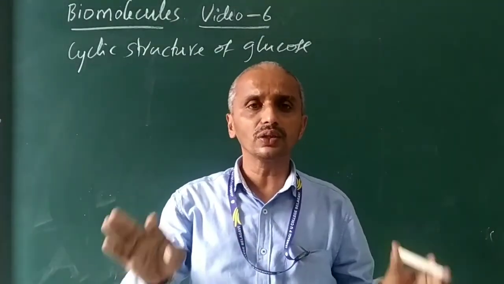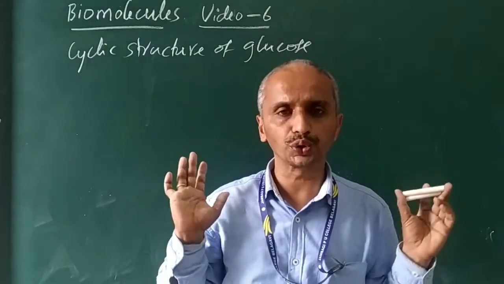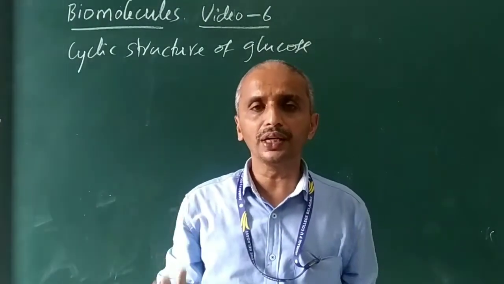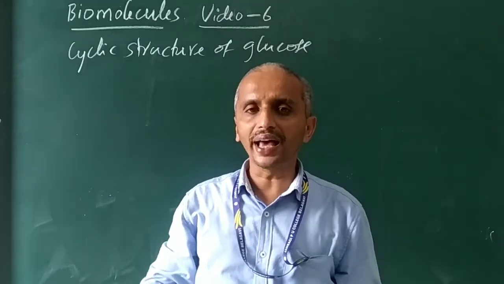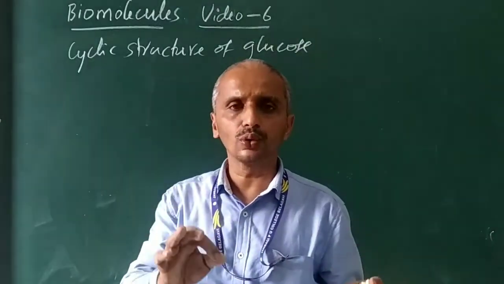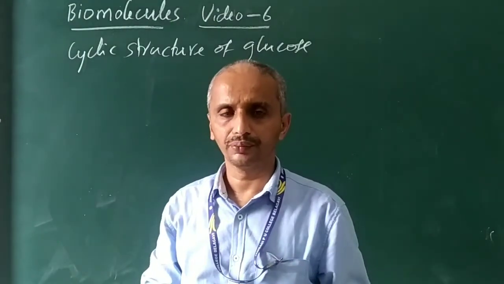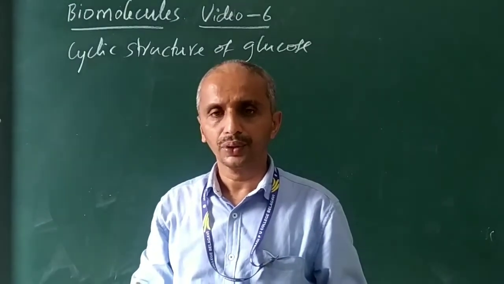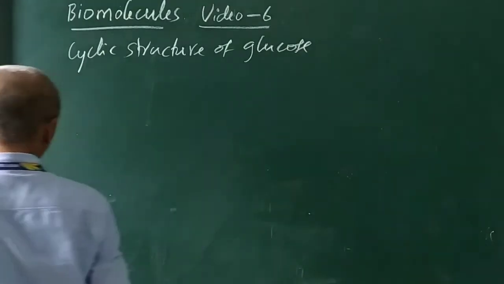But all this will not react with the glucose, indicating that, unlike other aldehydes, the CHO group in the glucose is not free. So what is happening actually there? Just see this.